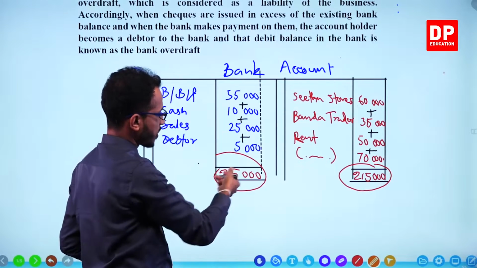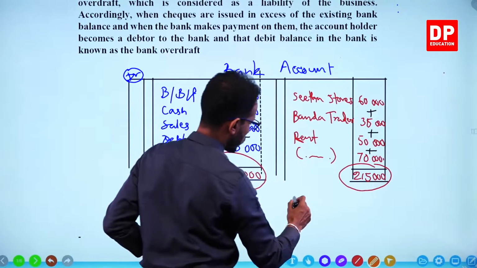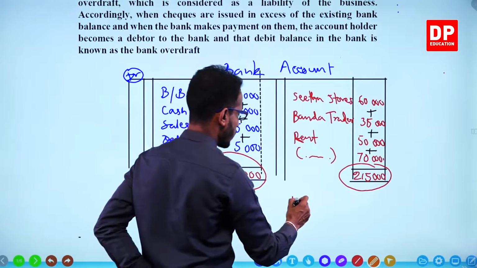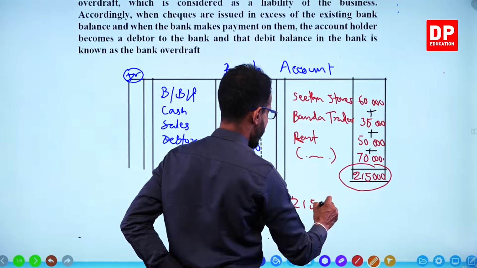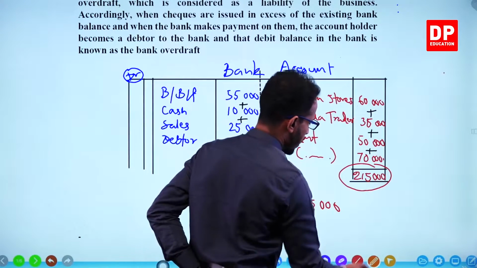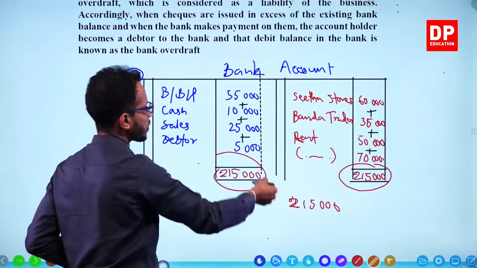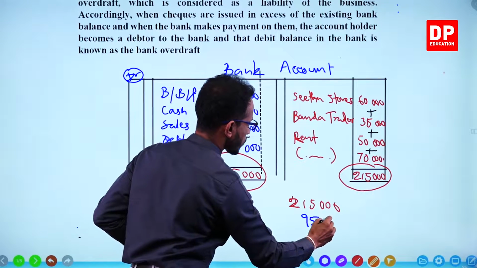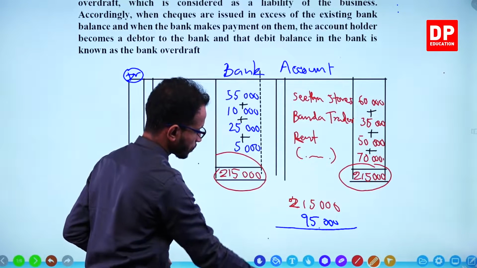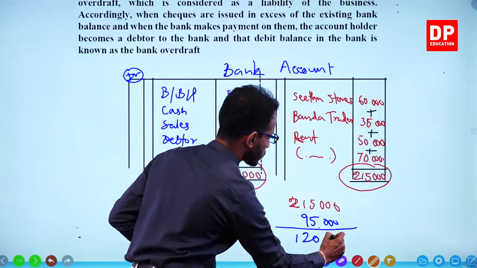You take the higher total, the greater total, that is 215,000, and you subtract the lesser total, which is on the debit side, that was 95,000, and you take the difference. The difference is 120,000.